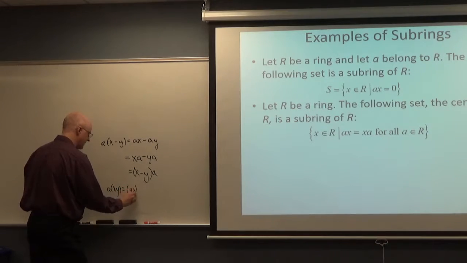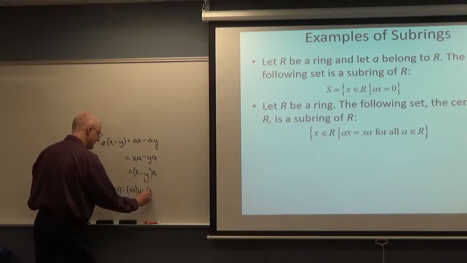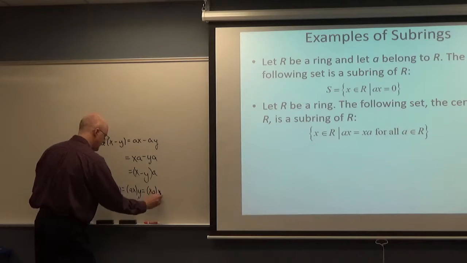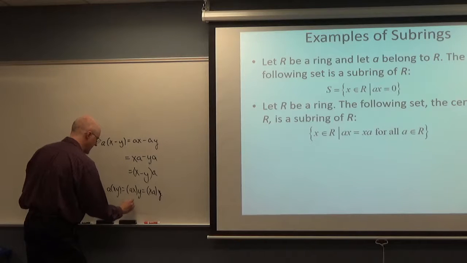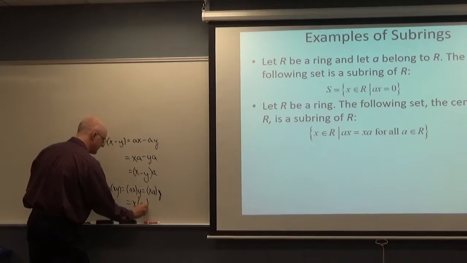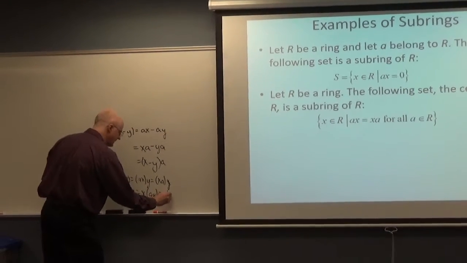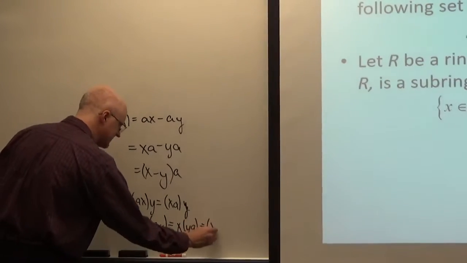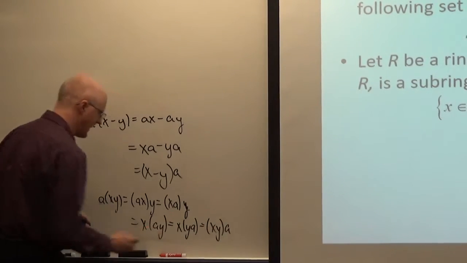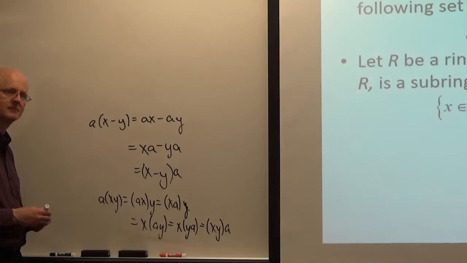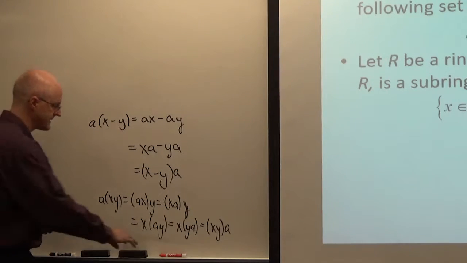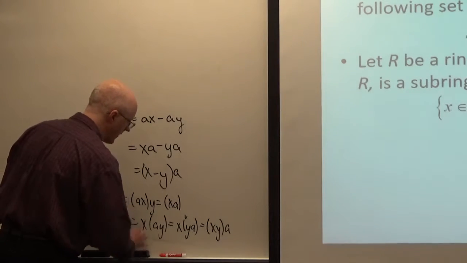Use the associative property a couple times, plus the assumption that X and Y are in the center. If you want to be picky about all the steps, these would be all the steps to show X times Y is in the center: the associative property plus the fact that X and Y themselves are in the center.